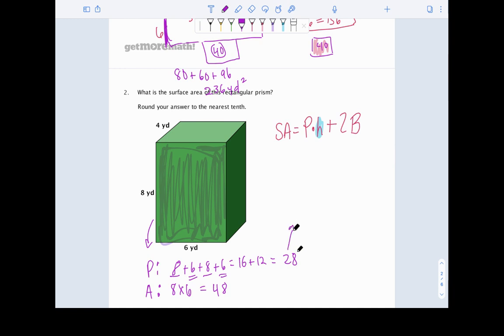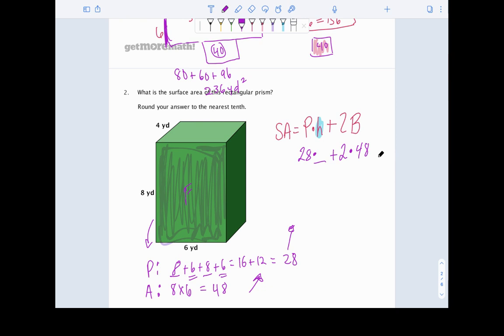And now we plug those in. So you can see that can actually be very quick. So the perimeter goes here times, and I'll bring that back later, the height. And then 2 of those, there's the front and then the back. So I've got 2 of those bases that are 48 for that.